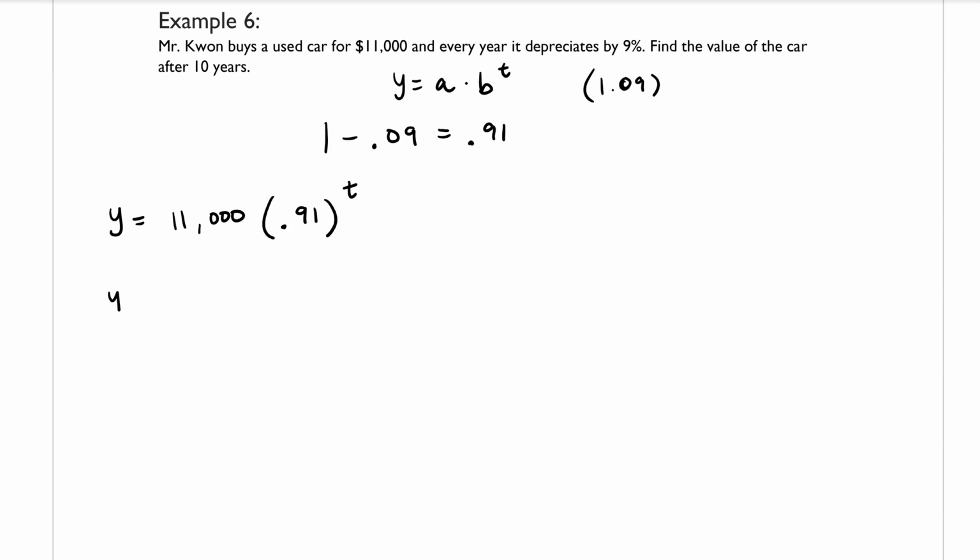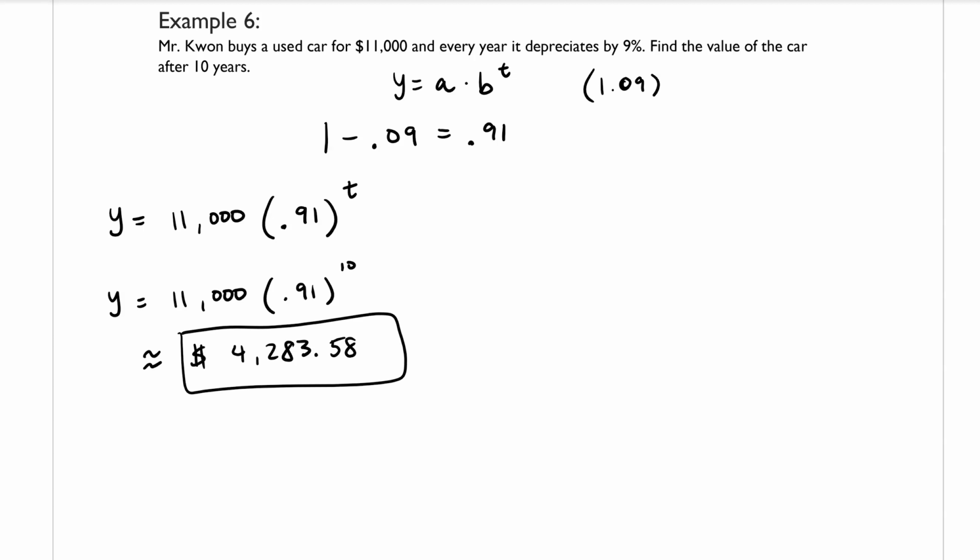And if we wanted to figure out what the value of the car would be after 10 years, we would just replace t with 10. So plugging that into our calculator, we get approximately $4,283.58. So that will be the value of Mr. Kwan's car after 10 years.